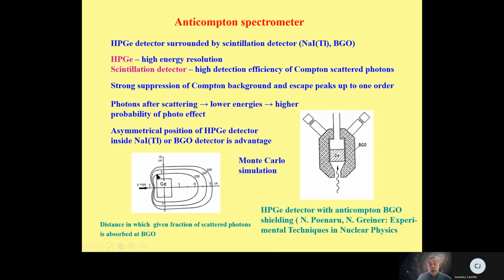Here our BGO crystal is around, so the thickness of the scintillation detector is much higher in this direction than in the other. But this asymmetry is perfect because in all directions you have the same probability that the scattered photon will be detected.